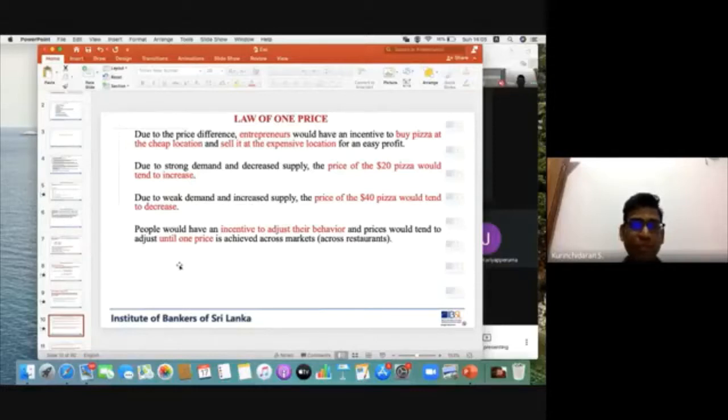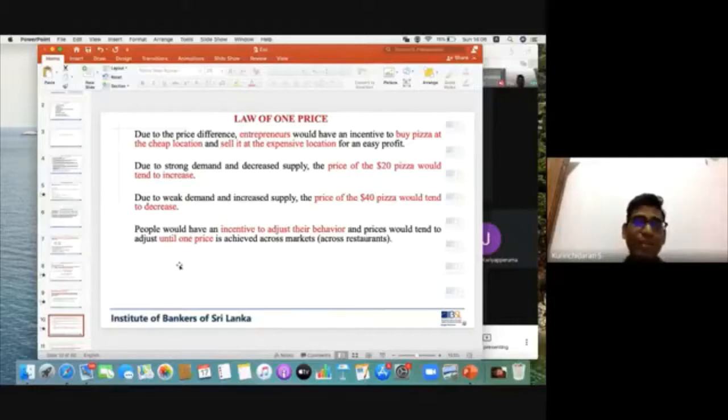People will have the incentive to adjust their behavior, and prices will tend to adjust until one price is achieved across the market, across the restaurants. If the products are the same and the restaurants are identical, then the price should be the same.